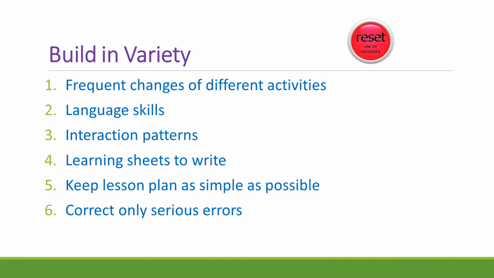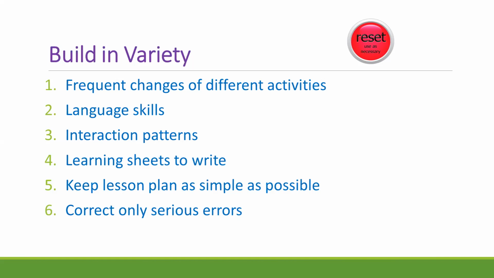And for the interaction patterns, some students are shy, but some students are confident. So teachers can pair them together. Okay, and in Taiwan, learning sheets are necessary because they can help students to check if they understood or not.